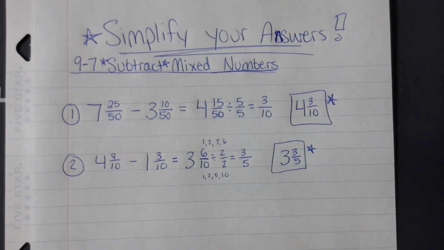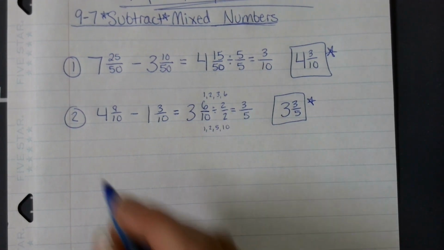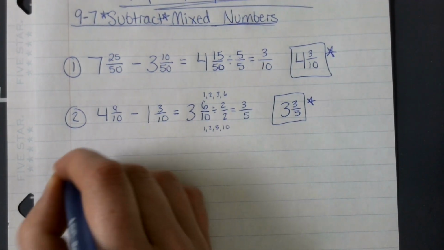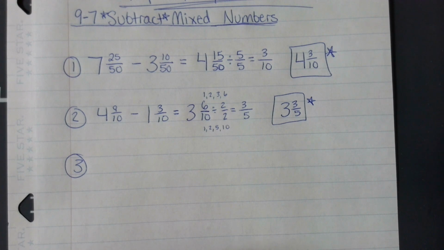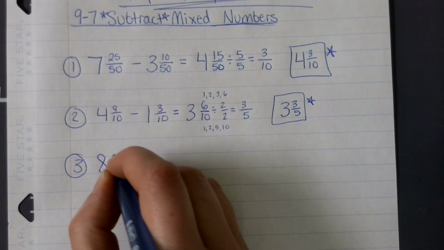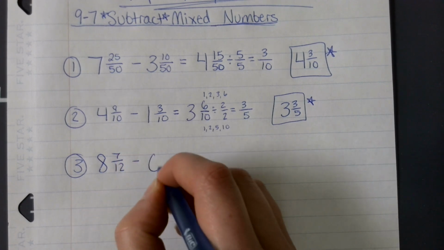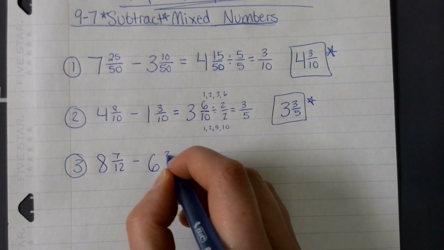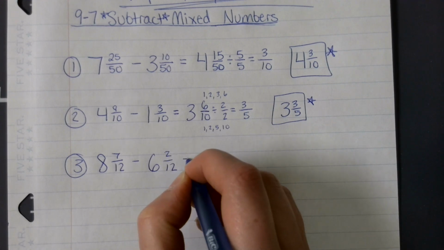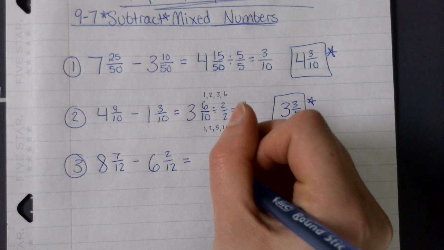Beautiful. So all we're doing today is subtracting and simplifying, and it's super easy. You guys got this in the back. Okay. Number 3. Number 3 is 8 and 7/12 minus 6 and 2/12. Okay. Where do I begin?